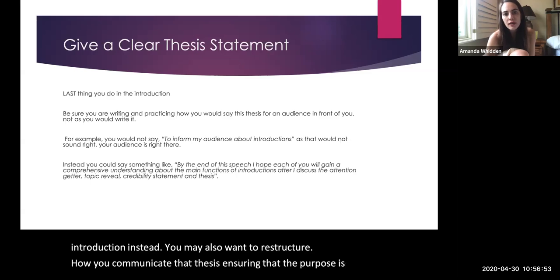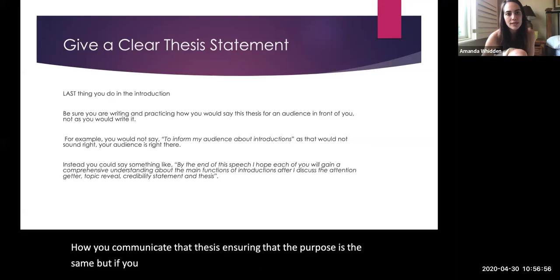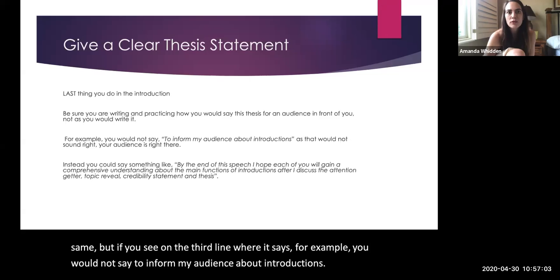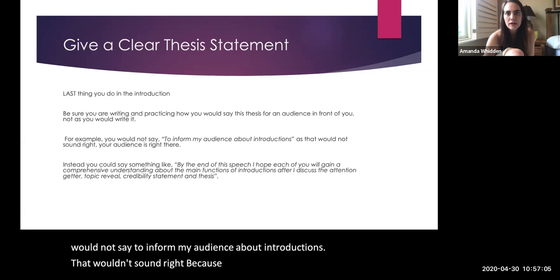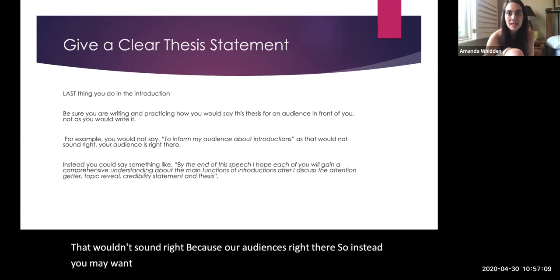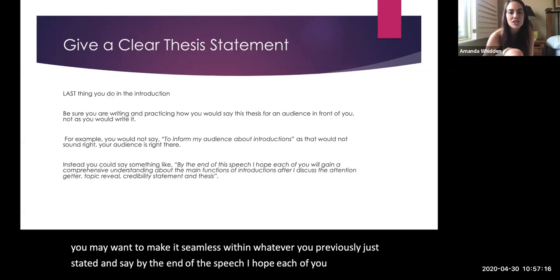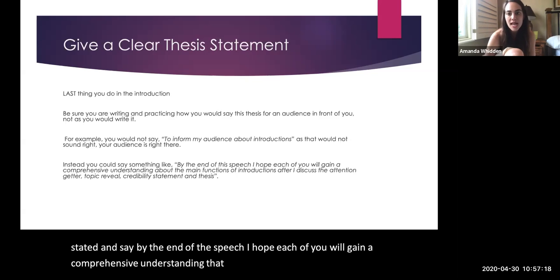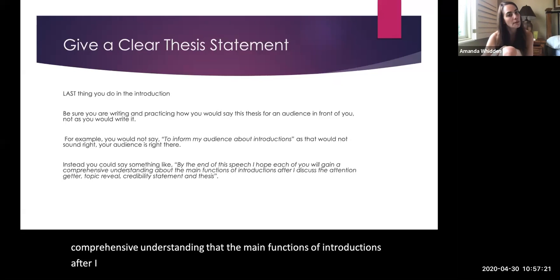If you see on the third line, for example, you would not say, "to inform my audience about introductions." That wouldn't sound right because our audience is right there. Instead, you may want to make it seamless within whatever you previously stated and say, "By the end of the speech, I hope each of you will gain a comprehensive understanding about the main functions of introductions, after I discuss the attention getter, topic reveal, credibility statement, and thesis."